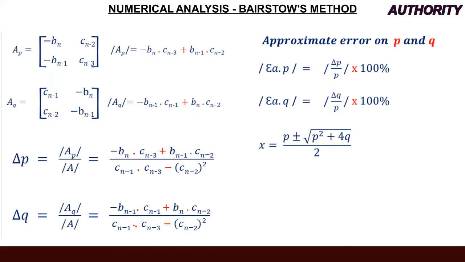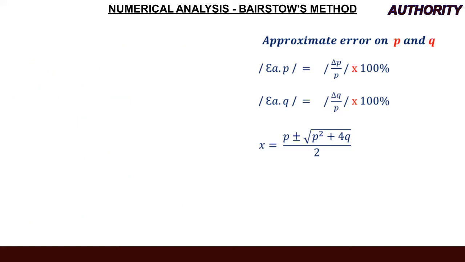We use a formula to find it, and I said you can use any formula you like, which is x is equal to p plus or minus square root of p squared plus 4q all over 2. Maybe you are asking, how do we come about this formula? It's very common. We get this formula from the quadratic formula. Now remember, we are talking about the extracted quadratic polynomial to be x squared minus px minus q, right?